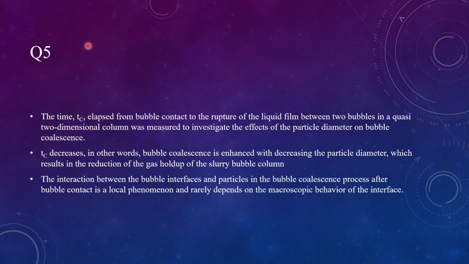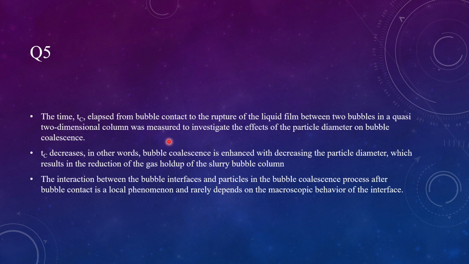If two bubbles come in contact, the interface between the two bubbles ruptures in a two-dimensional column. It was measured, that is the time elapsed from when two bubbles come in contact and then the interface ruptures, the liquid film between the two bubbles. The time elapsed between these two processes is calculated as Tc.